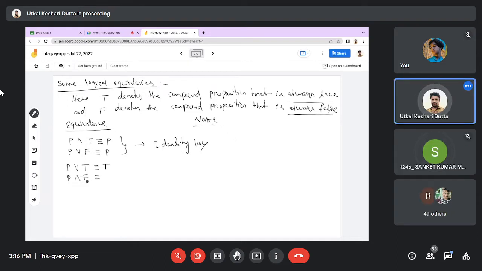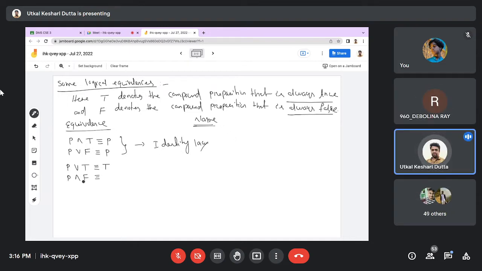As it is always false, both cannot be true at a time, so it will depend on the contradiction F. These laws are named domination laws. These are some standard equivalences you can use in some problems or for simplification.